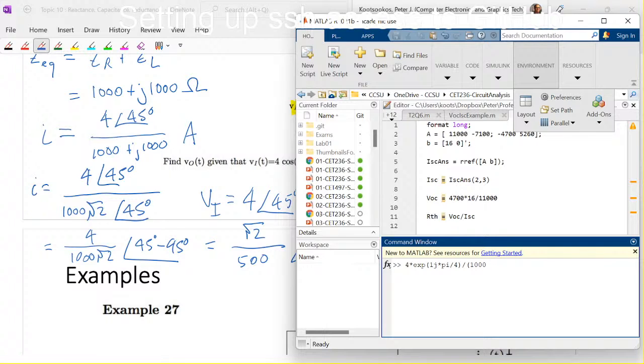Well, let's just do it that way. The nice thing about MATLAB, in fact, you can do this in your calculators too, if you're using them: you can do polar form in the numerator and rectangular form in the denominator.